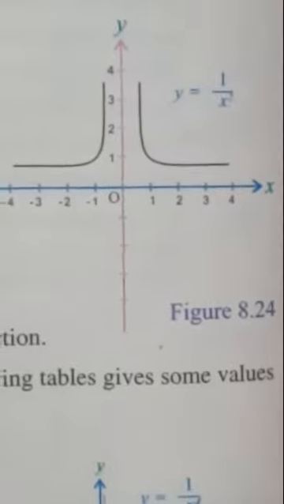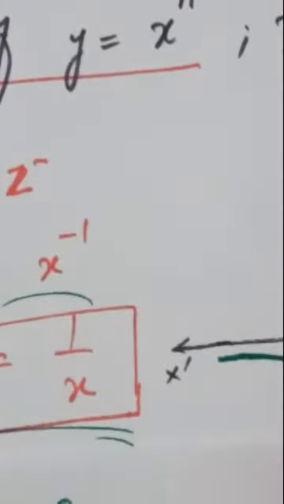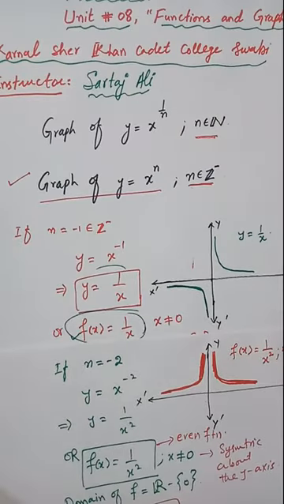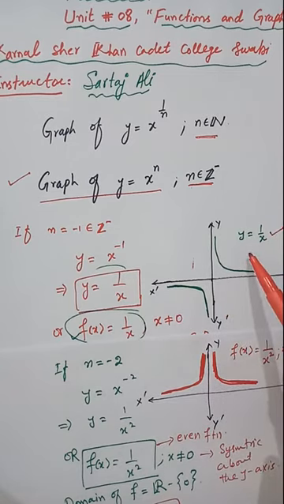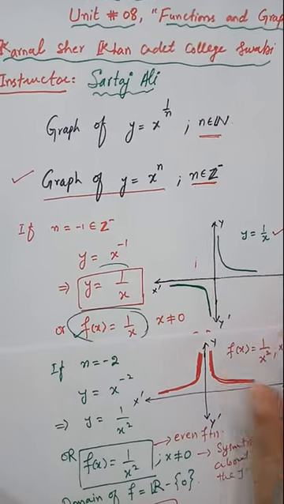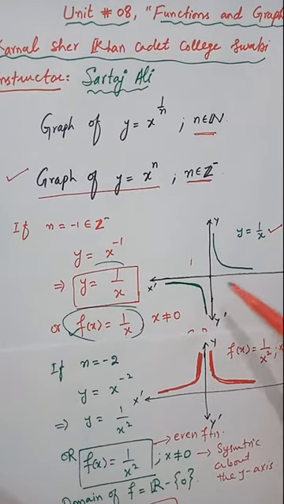So remember these two shapes. You see, y equal to 1 divided by x is an odd function, symmetric about the origin, and the graph must be in this fashion.